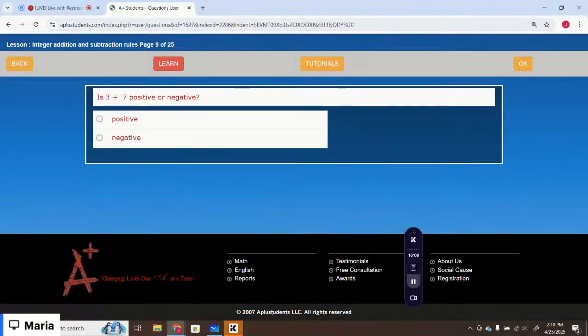Okay, is 3 plus negative 7 positive or negative? Negative it is. Okay, you can complete the lesson by yourself.